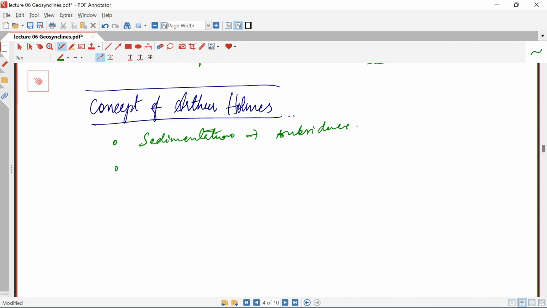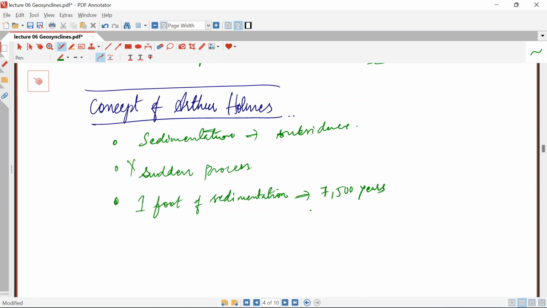And he said that this entire process is not a sudden process, it takes time. He told that 1 foot of sedimentation takes around 7,500 years. So this is a long period.